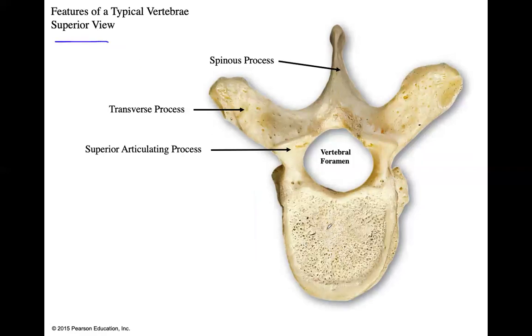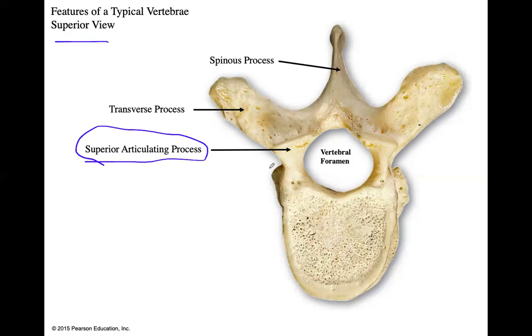All right, let's look again at the superior view, looking down. Remember, here is the vertebral body. Here are the pedicles. Here's the vertebral foramen. This is a superior articulating process. Now, if there's a superior articulating process, there has to be an inferior articulating process. And there is, we just can't see it because we're looking at it from above.